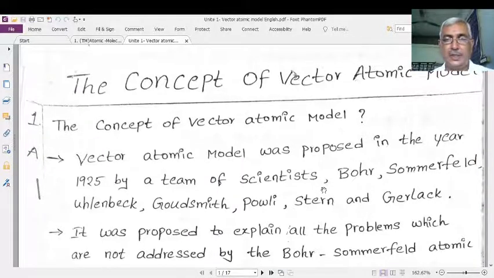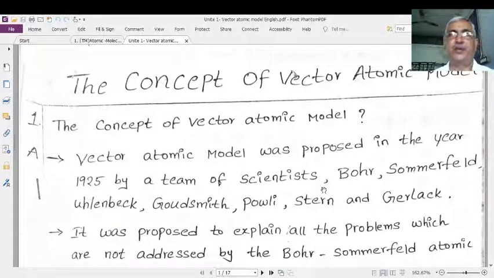In his second proposal, he said that as long as the electrons are revolving around the nucleus in circular orbits, they never emit energy and they never absorb energy, and such orbits are known as stationary orbits, and their angular momentum is conserved as long as they are rotating around the nucleus in specific orbits.